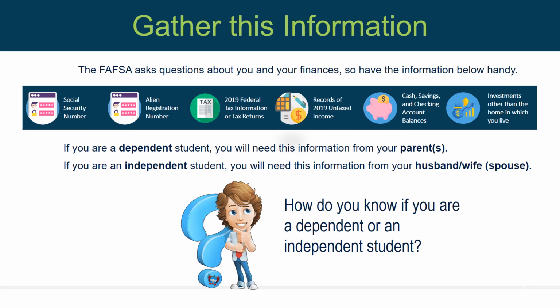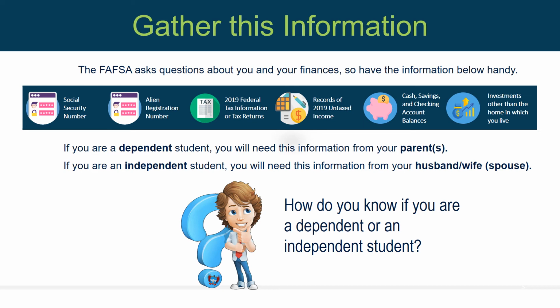You will also need records of any 2019 untaxed income, such as workers' compensation or disability benefits. Lastly, you will need your current cash, savings, and checking account balances, as well as any investments not including the home in which you live.